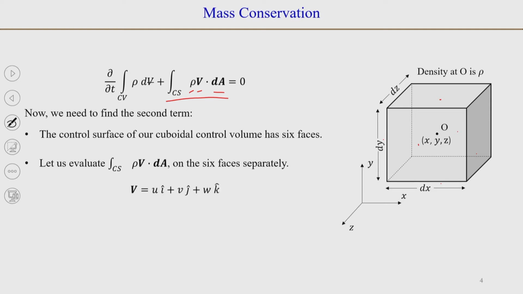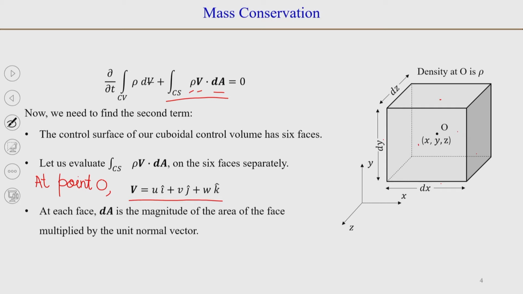Okay. So, we need to evaluate on the 6 faces the velocity vector. Let us assume that at point O, the velocity vector v is equal to u i plus v j plus w k, where u, v, w are the x, y and z components of velocity at point O. Density at point O is rho.